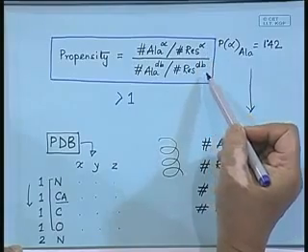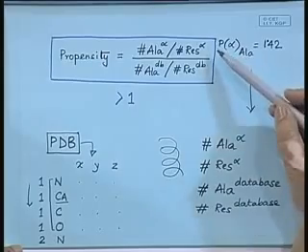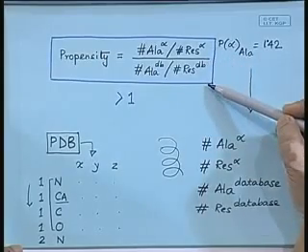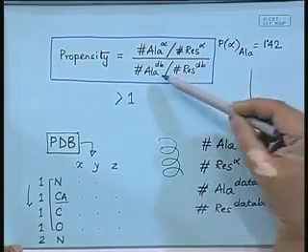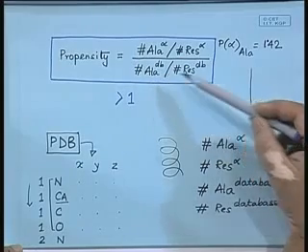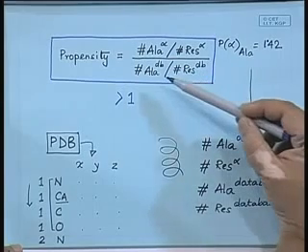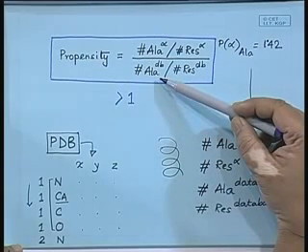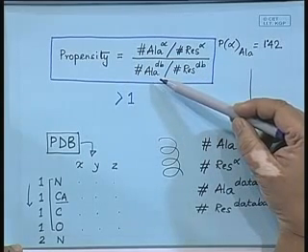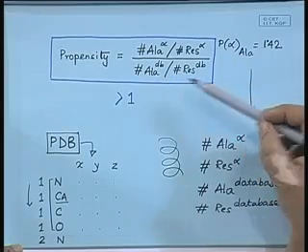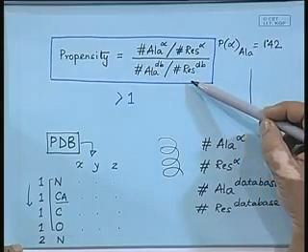If I look at this, this will give me some idea as to whether alanine is preferred in helices or not, because this gives me the number of alanine in the whole database, right. So, if I have say 8% of alanine in the whole database, I can calculate these as a percentage.